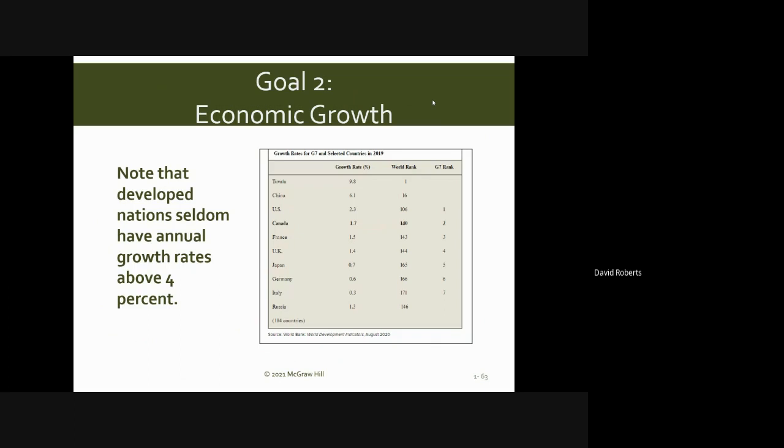We're 1.7, US was 2.3. We're certainly behind China for growth, but China started from a smaller number. So Canada ranked 140th in the world for growth, which may or may not be a good thing. In the G7, we are second. We're slightly ahead of France, etc.